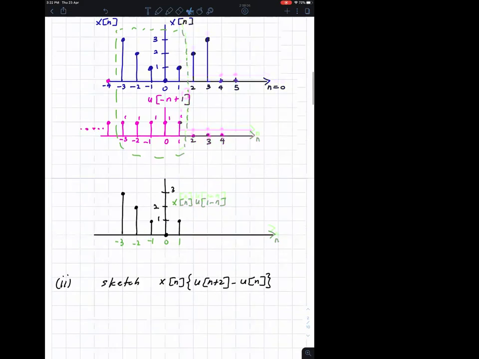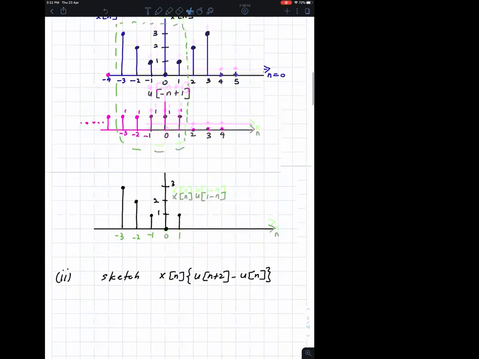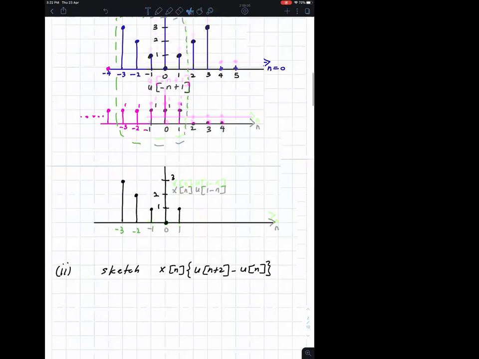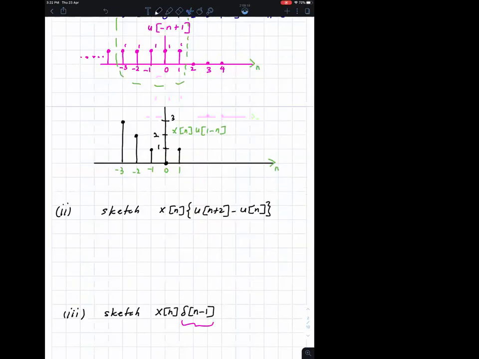x[n] multiplied by u[n plus 2] minus u[n].